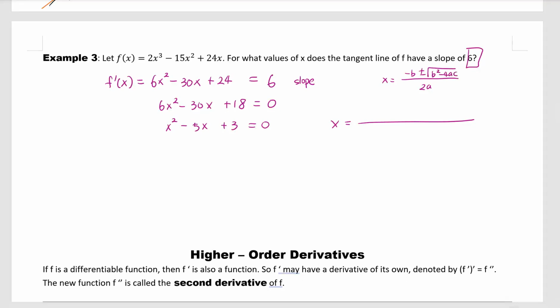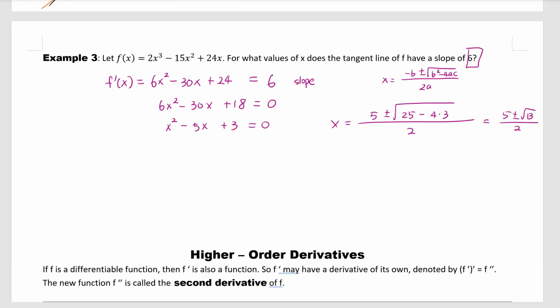This is the quadratic formula. So 2a, a is 1, so just 2. Negative b is 5, plus or minus the square root of b squared, 25, minus 4ac. So 4 times 3, right? 4 times 3 is 12. So 25 minus 12 is 13.